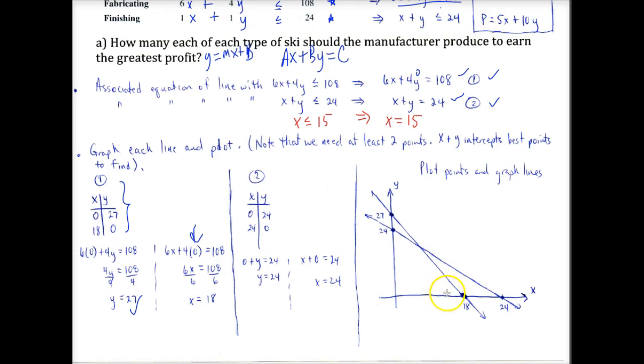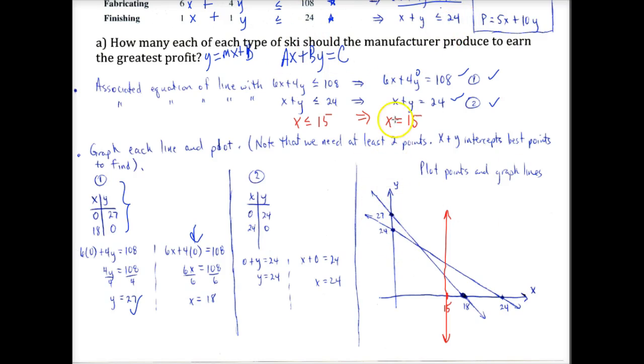And of course that would be about right here, and that would be a vertical line that goes through this point here. Okay? And so for x equals 15, we notice that every point that is on a vertical line has the same x coordinate. And so, of course, here this would be (15, 0), (15, 1), (15, 2), (15, 3), (15, 4), and so on and so forth. So we need this extra line in there as well. Okay.